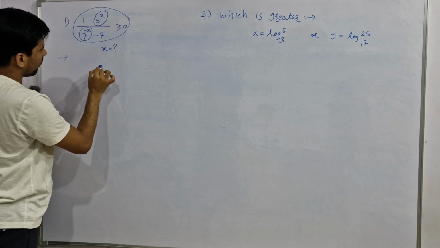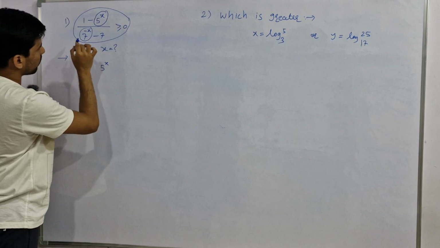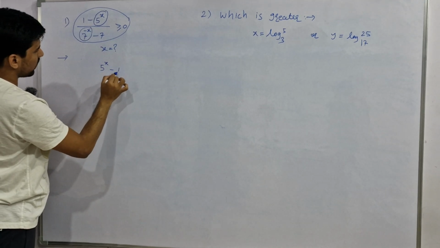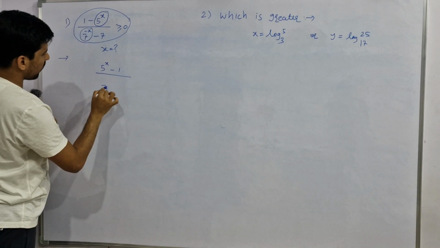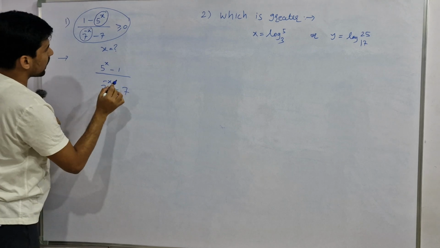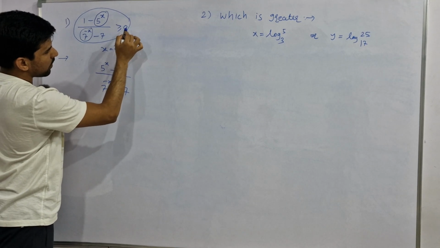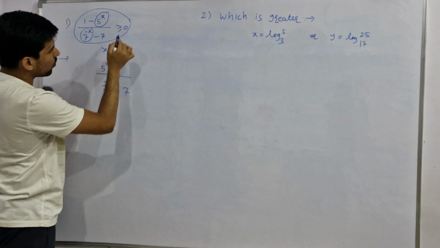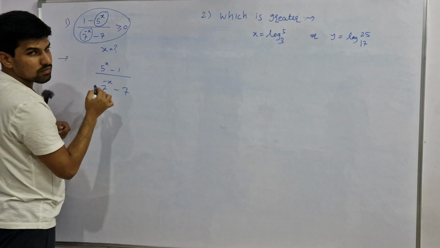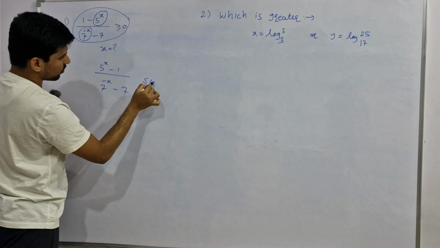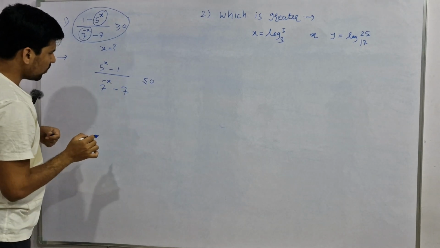Multiplying both sides by minus 1, we get (5 to the power x minus 1) upon (7 to the power minus x minus 7). When you multiply the right hand side by minus 1, the inequality reverses, so it will become less than or equal to 0.